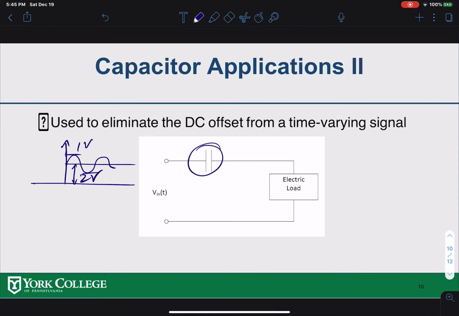At the output, your DC cannot travel through the capacitor, so your output will be just 1 volt and negative 1 volt. Can you see that? Your DC volts are filtered out by the capacitor, because it cannot allow DC to go through.